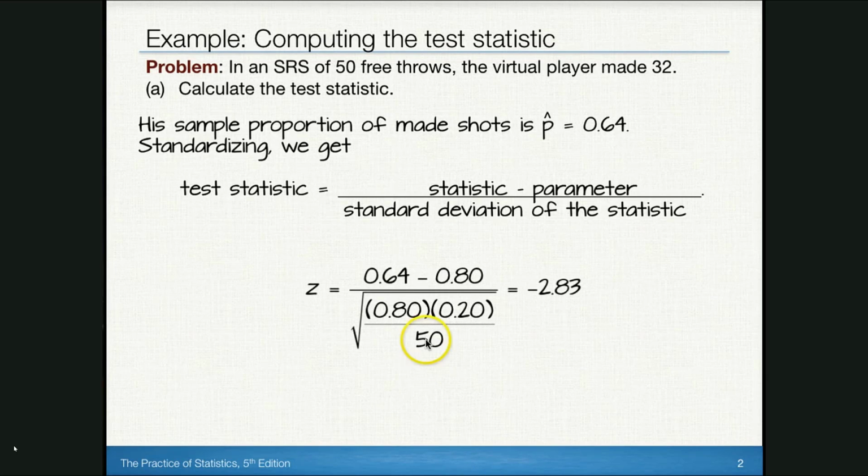Standardizing, z equals our statistic 0.64 minus our parameter 0.80, divided by the standard deviation of the statistic. And we know that formula is the square root of the parameter 0.80 times 1 minus that value, divided by the sample size of 50. Calculating that, we get a test statistic value z equals negative 2.83.